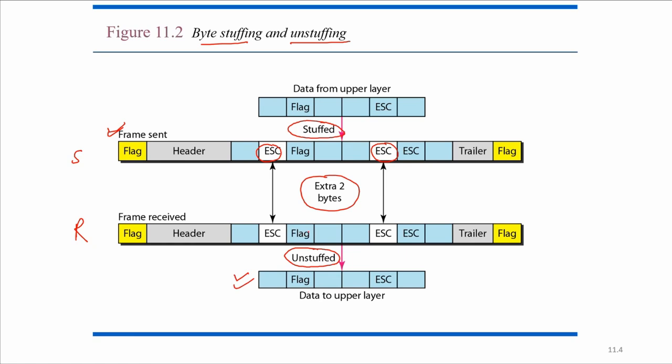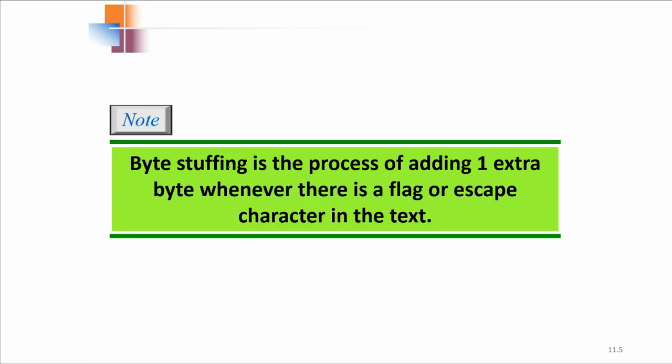Stuffing and unstuffing are done at the byte level. One escape is represented in 8-bit data, meaning 1 byte, so all the addition and removal of data is in the form of bytes. That is byte stuffing and byte unstuffing.